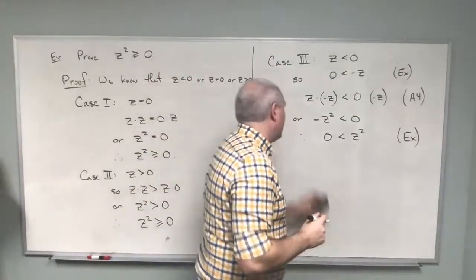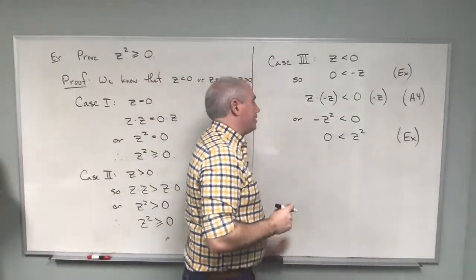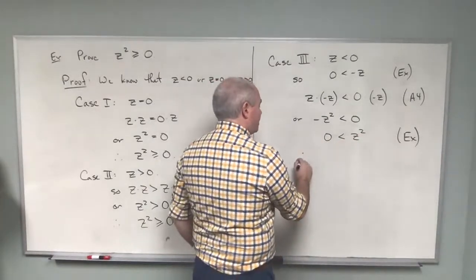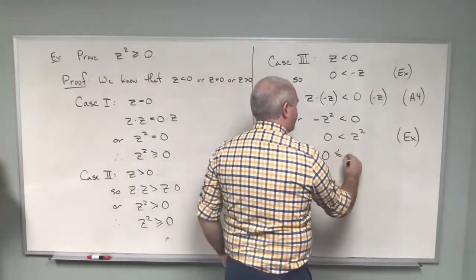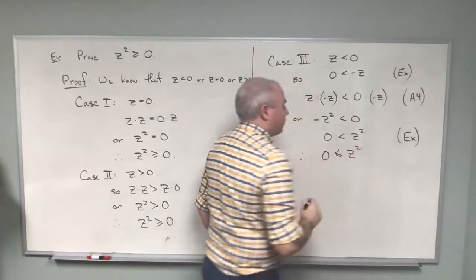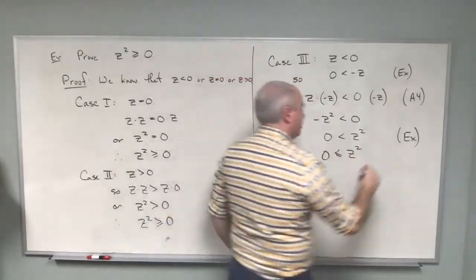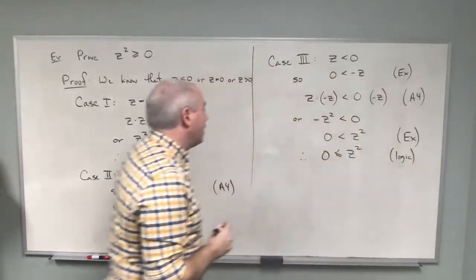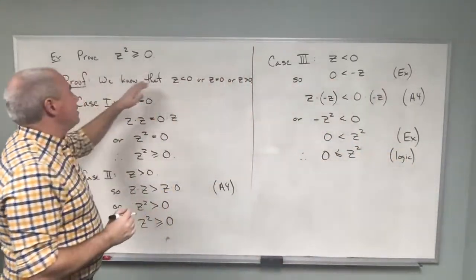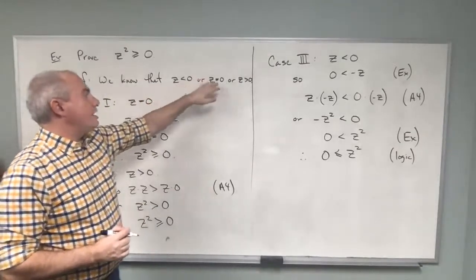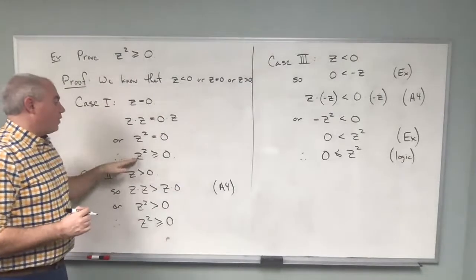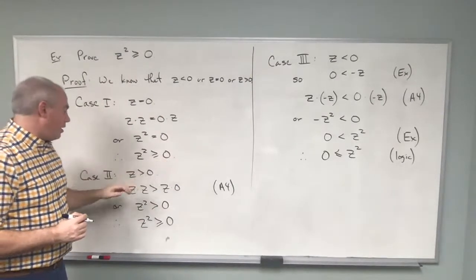Not quite, no, therefore yet. I got that 0 is less than z squared. That's not what I want. I want to say, therefore, 0 is less than or equal to z squared, just by logic. So what I did is I said z is less than 0 or equal to 0 or greater than 0. If z is 0, z squared is greater than or equal to 0.